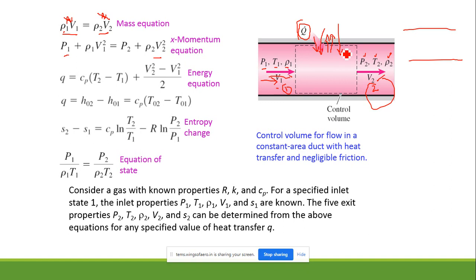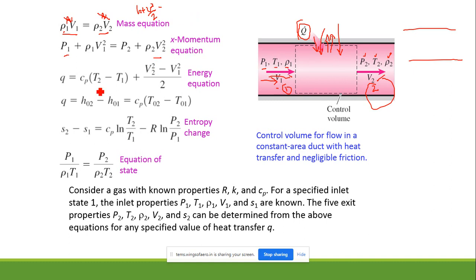Then because we are adding some heat inside the control volume, there will be some energy transfers. Therefore the energy equation should also be considered here. For the energy equation we know h plus v square by 2 equal to constant. But here, since we are adding heat, for region 1 and region 2 the equation is h1 plus v1 square by 2 equal to h2 plus v2 square by 2.